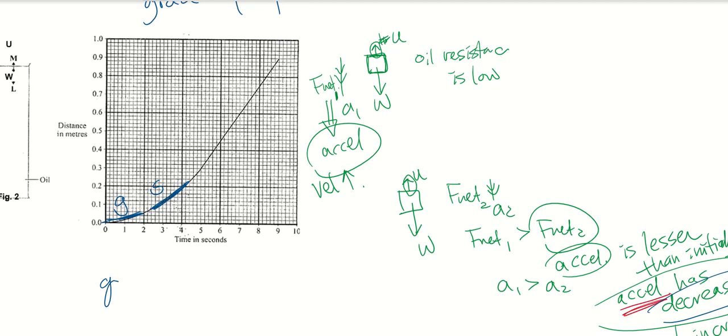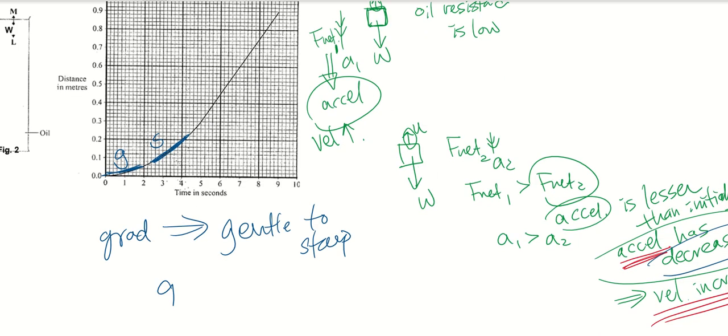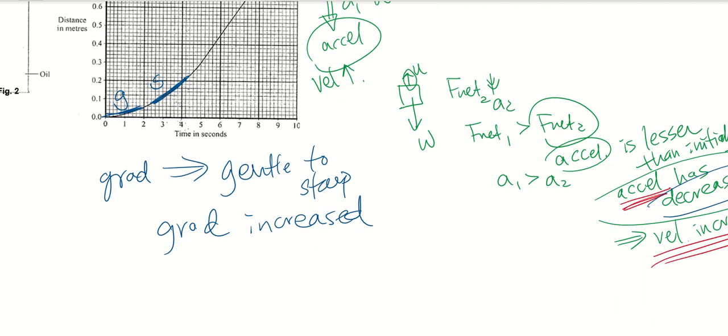So the gradient actually went from gentle to steep. That means the gradient increases. And what does gradient mean in a distance time graph? The gradient represents speed. That means the speed increases.